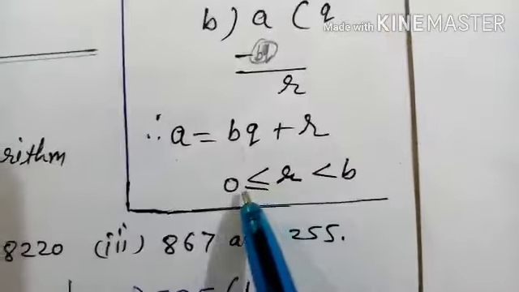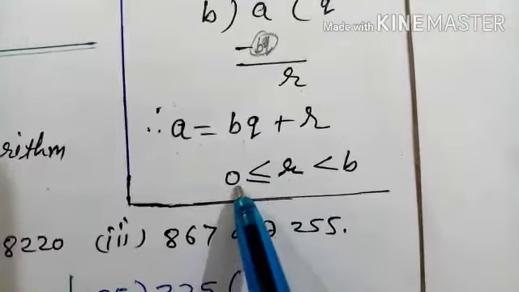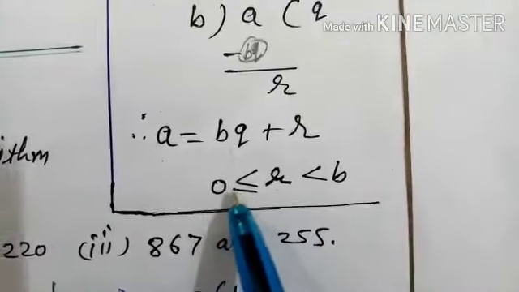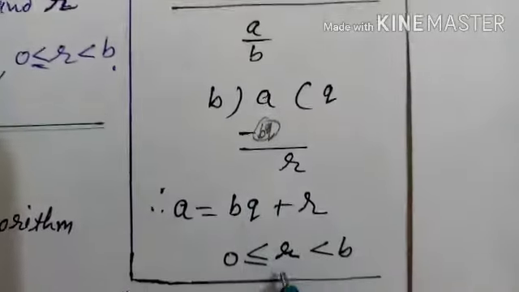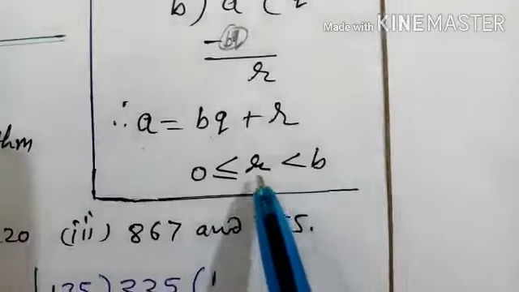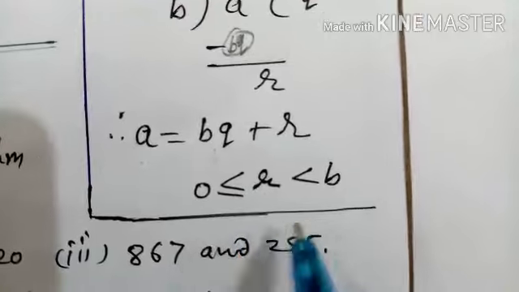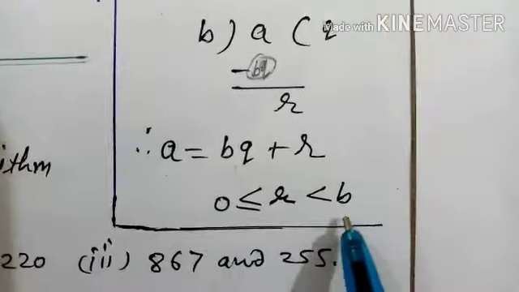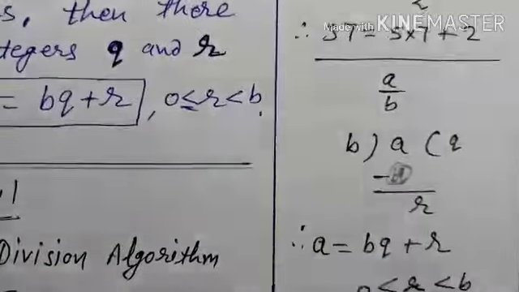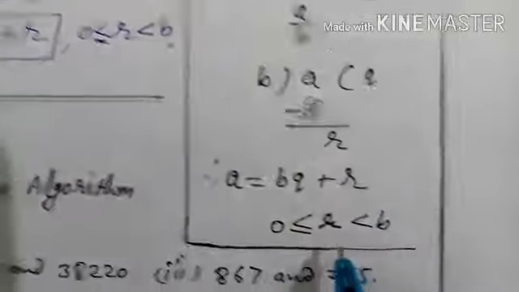So the value of r is 0, or more than 0 but always less than b, b meaning the divisor. So remainder r is greater than or equal to 0 but only less than b, which is our divisor. So this thing is known as EDL.